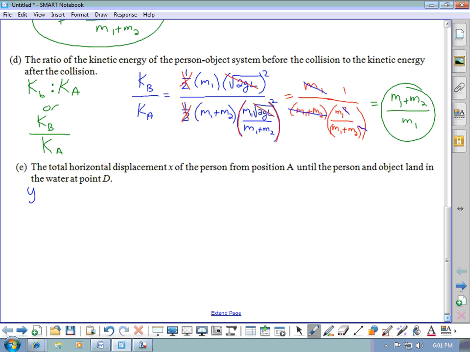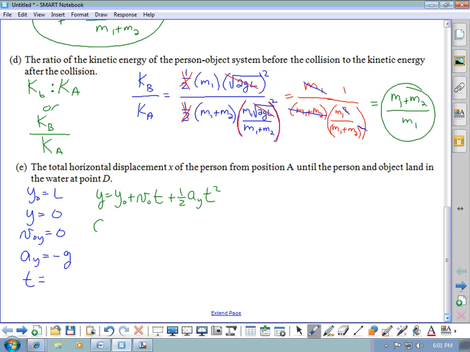So my initial height equals L, my final height equals 0, my initial vertical velocity is 0, my vertical acceleration is negative g. And so using the position time equation, I have y equals the initial height plus the initial vertical velocity times time plus 1/2 times the vertical acceleration times the time squared.